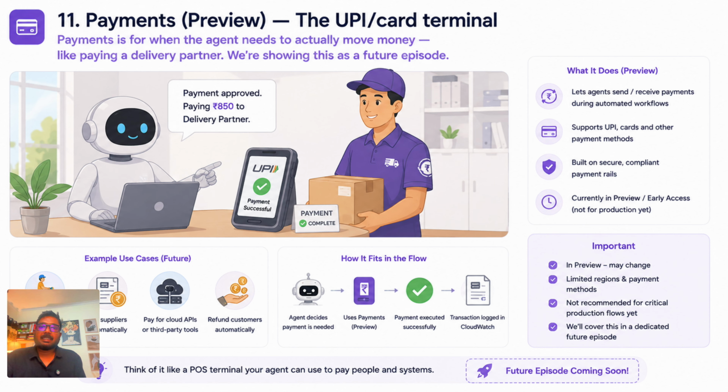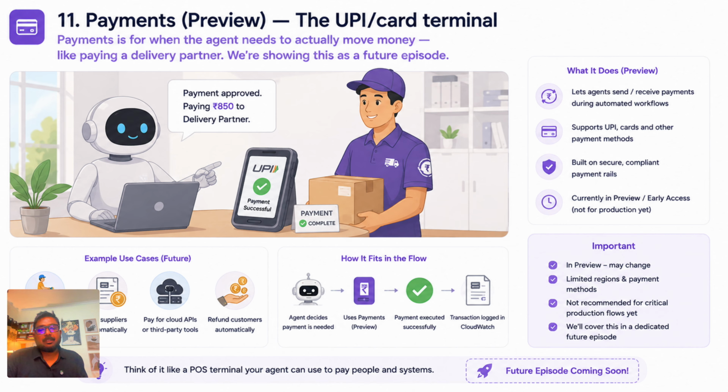What about payments? Inside payments, when an agent actually wants to move money from here to there, and I think payments are still in preview phase, but this is what I think they will help do. They will try to connect different payment gateways and mechanisms inside AWS Bedrock Runtime, so that users can connect their payments directly with AWS Bedrock Runtime, right?